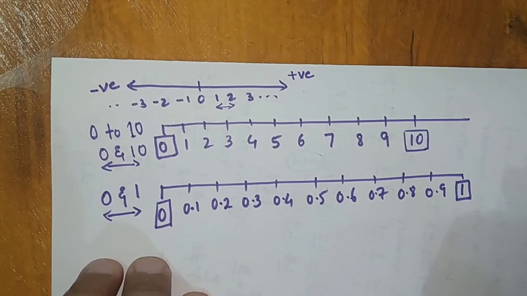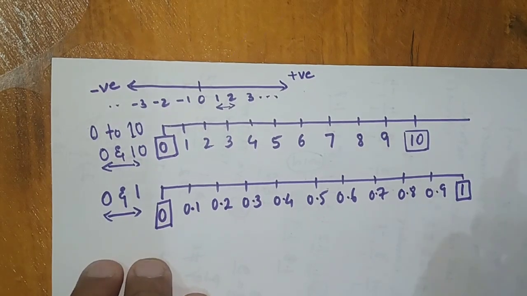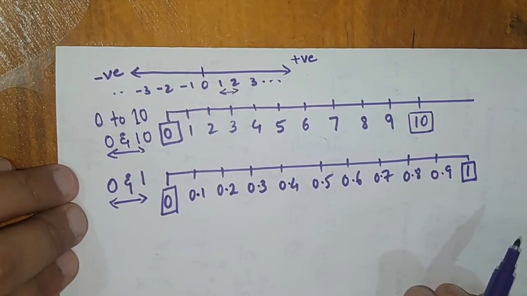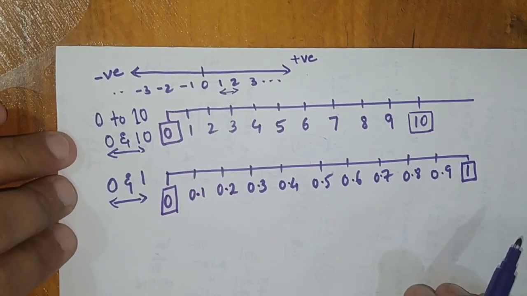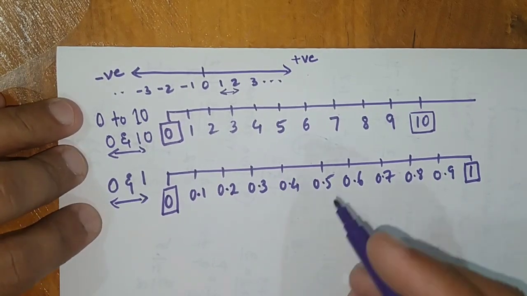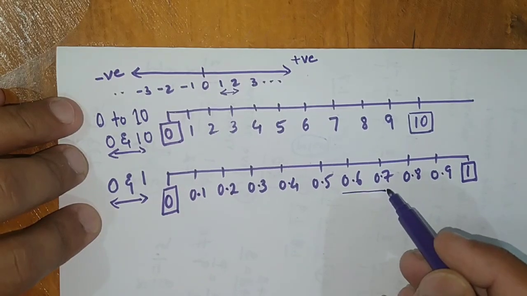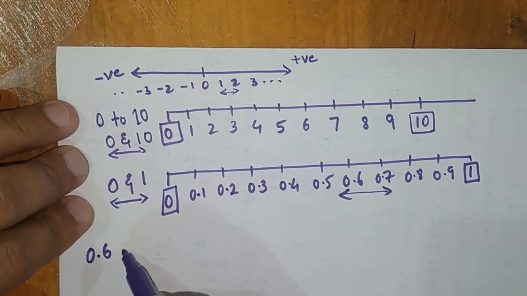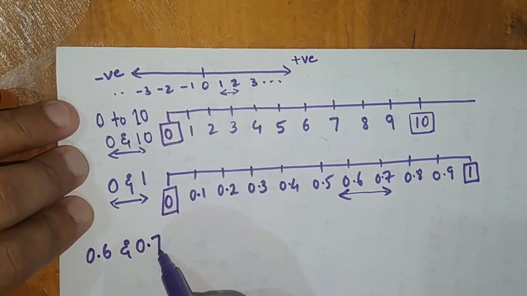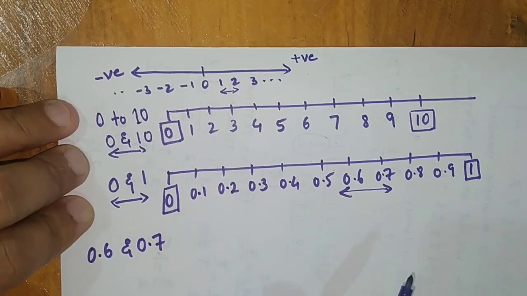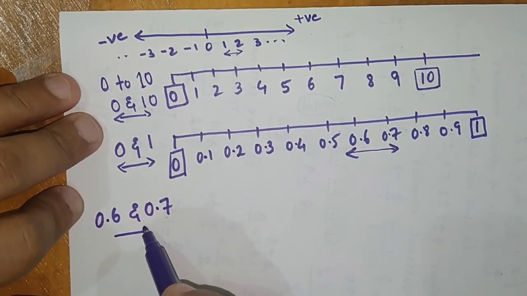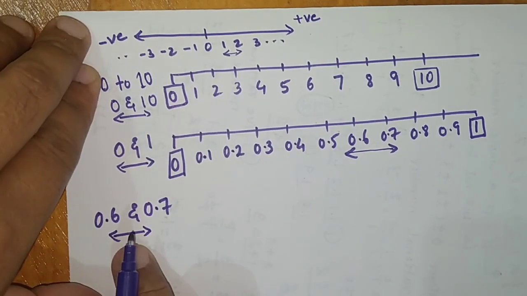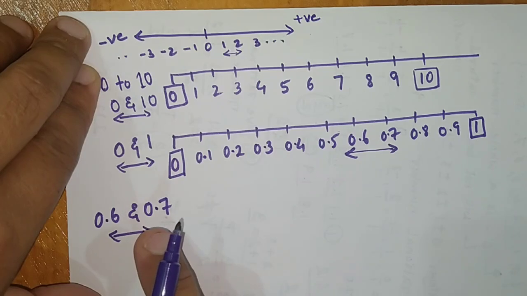Now see here, if you take numbers 0.6 and 0.7, you need to find numbers in the gap between these two numbers.